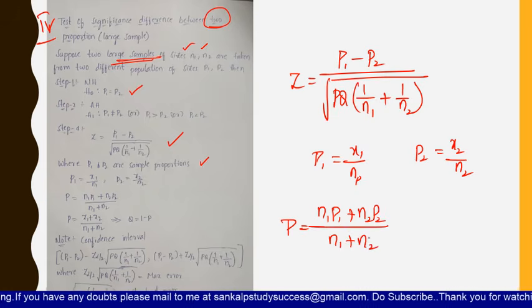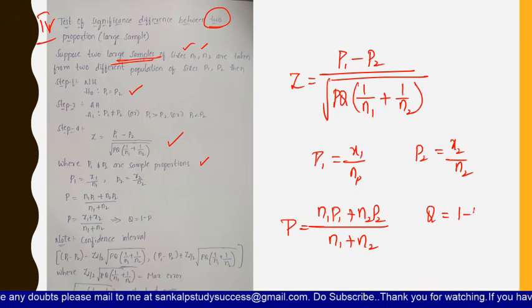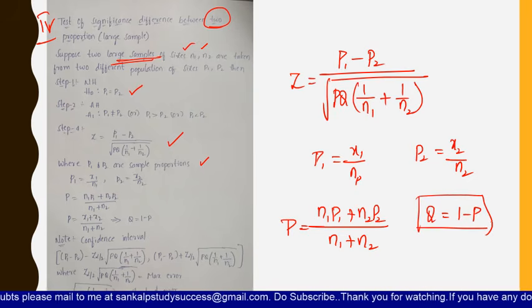This is the formula for capital P, which is the success rate. So obviously the failure rate will become 1 minus P. Q value will become 1 minus P. So using all these formulas, we are going to calculate the test statistic.